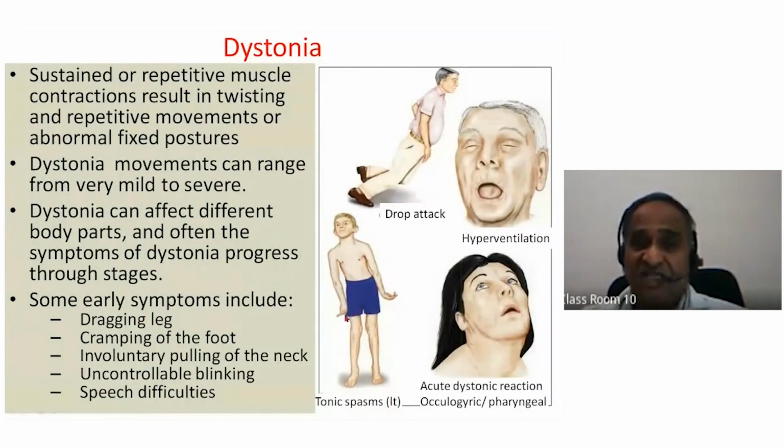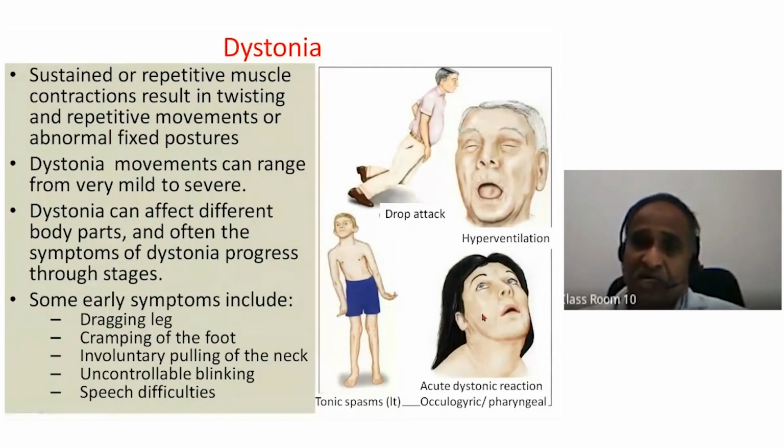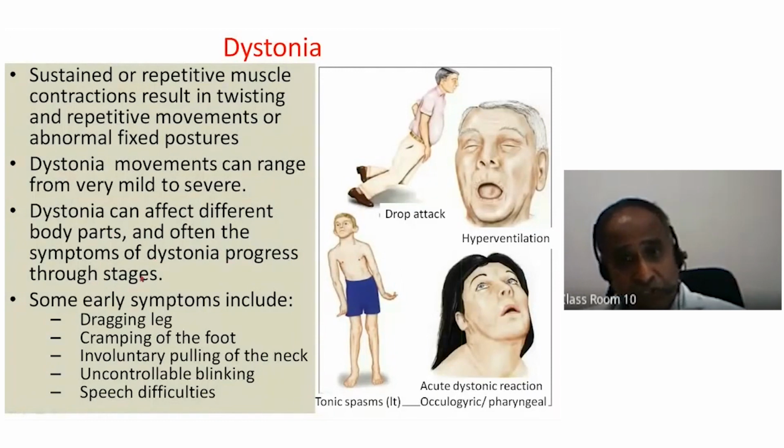You see how he is dragging the leg, and this lady is having a problem with her eyeball movement, a dystonic reaction, where the eyeballs start moving, or pharyngeal or oropharyngeal phenomena happen. Dystonia can affect different parts of the body, and often the symptoms progress through stages.